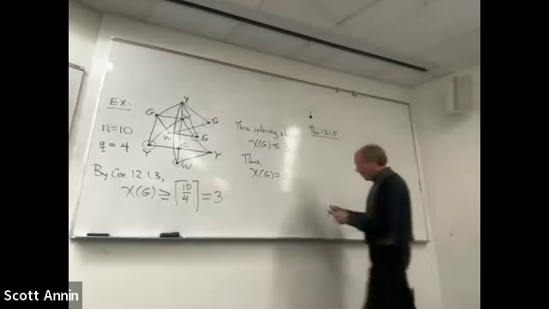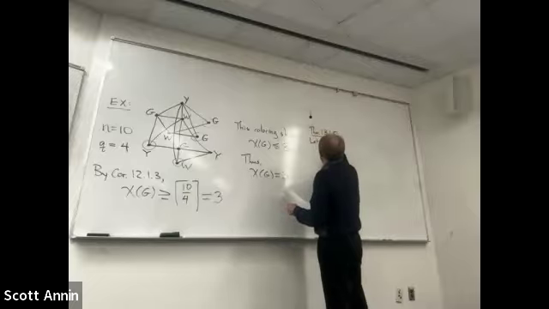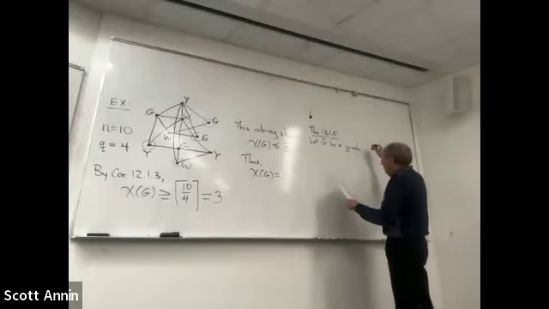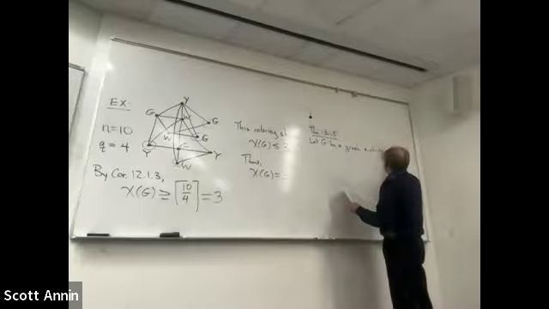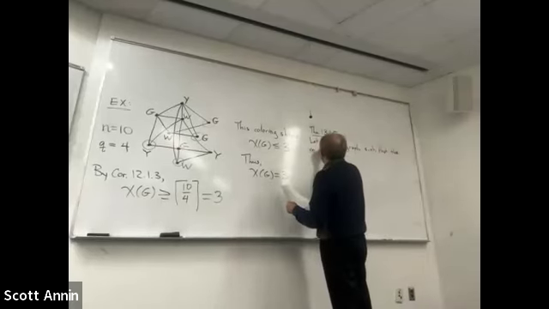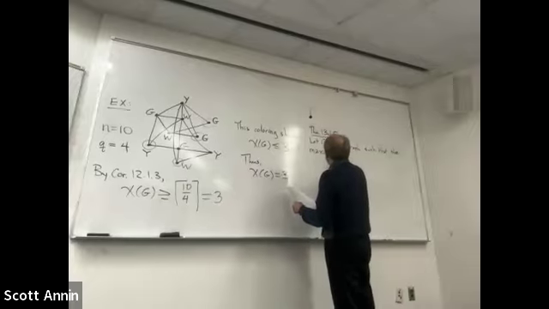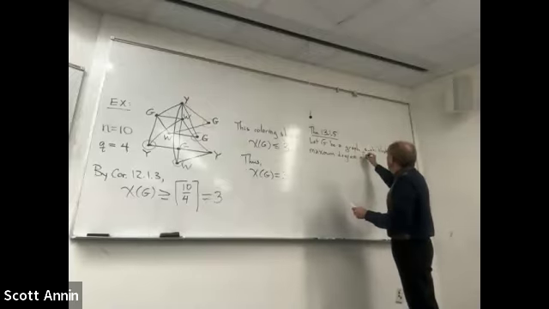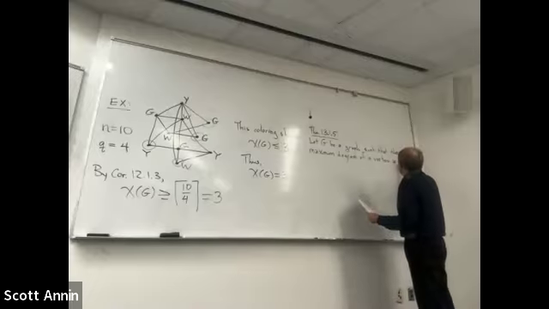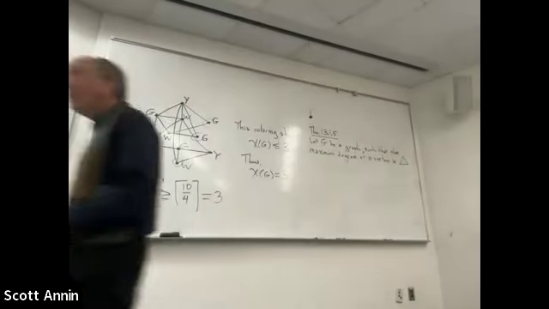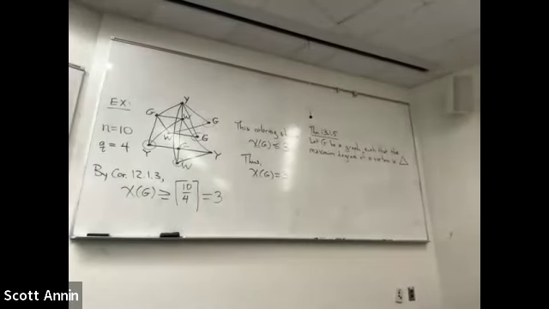And this one just says, let G be a graph such that the maximum degree of a vertex is, and I don't know why the book chose to do this, but I'm going to be consistent with the book, they used a capital delta as the symbol for this.